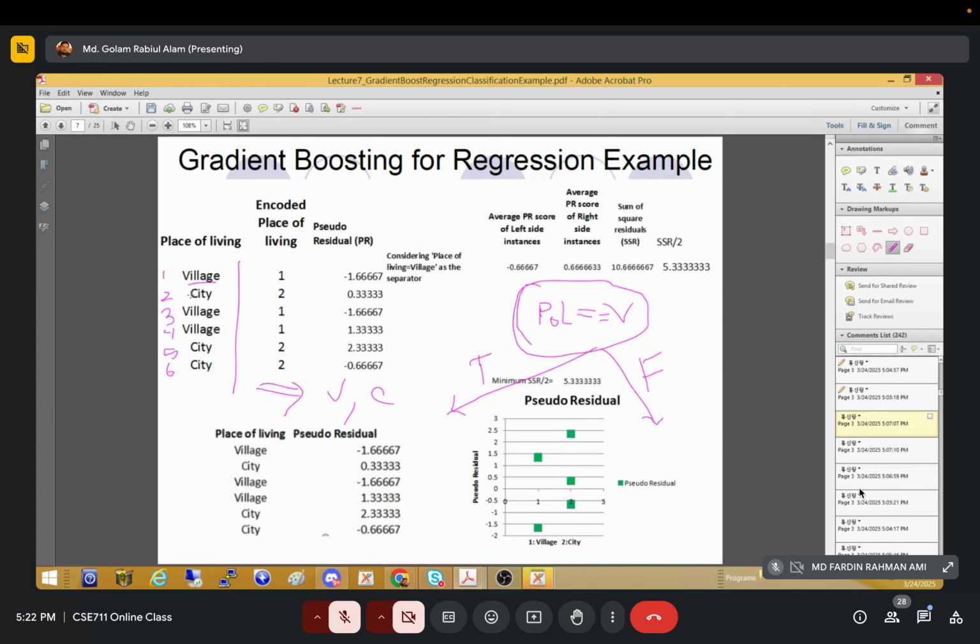The first observation is village, so place of living equals village is yes, and we place 1 on the true side. The second observation is city, so no, we place 2 on the right side. Then 3 is village, so we place it on the true side, and 4 is also village, so we place 4 here.